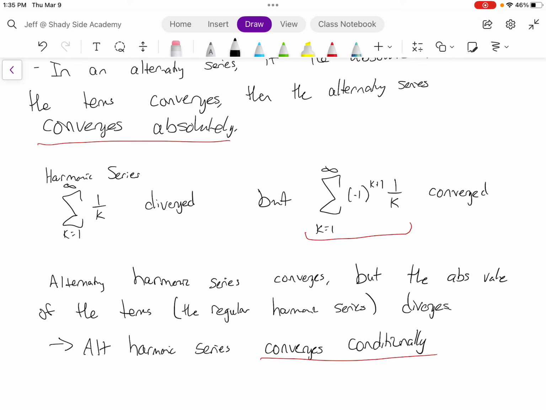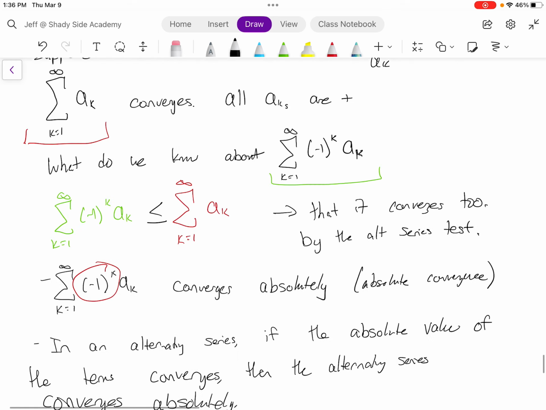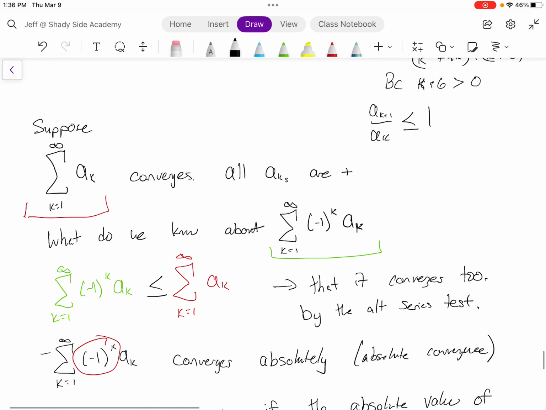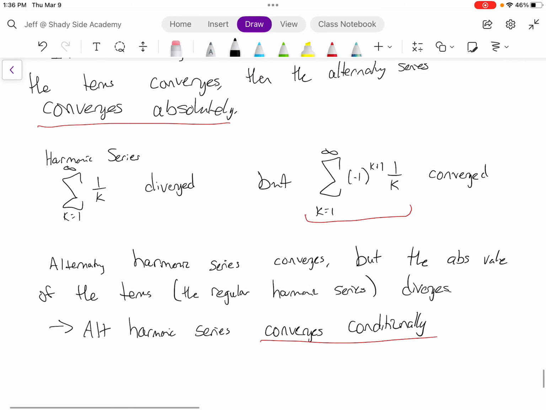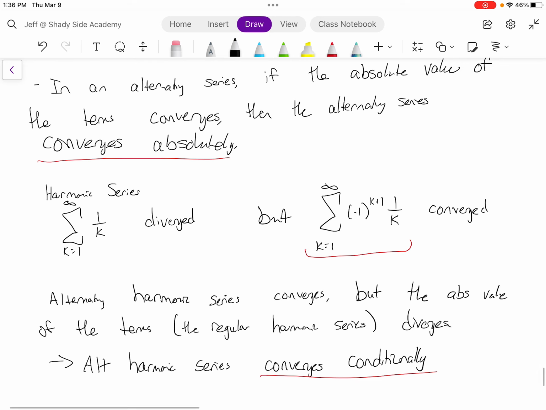And to show absolute convergence, you have to show that the alternating series converges, and that the absolute value of the terms converges. And we're sort of going to be able to get that if we just show the absolute value converges, similar to our argument up here: if the absolute value of the terms converges, then the terms converge themselves, so we can sort of ignore that part.